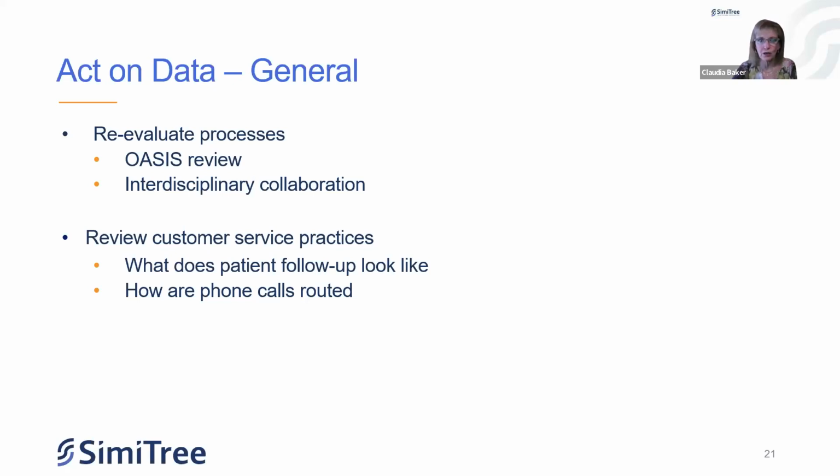So talking to each other about what's going on with the patient, factoring that into our OASIS scores if we need to. We also need to look at our customer service practices. So what does the patient follow-up look like? How are phone calls routed? If somebody calls into the office to ask, where is my nurse or where's my therapist, how does that work? Is it an automated system and they get frustrated and they don't want to call back?